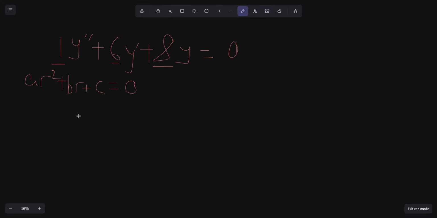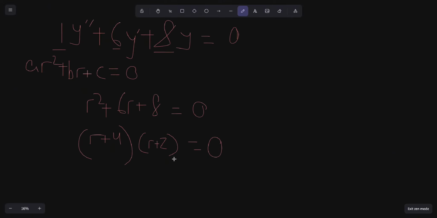And so we essentially have r squared plus 6r plus 8 is equal to 0. And that means that r plus 4 times r plus 2 is going to be a factor. Sorry about that.